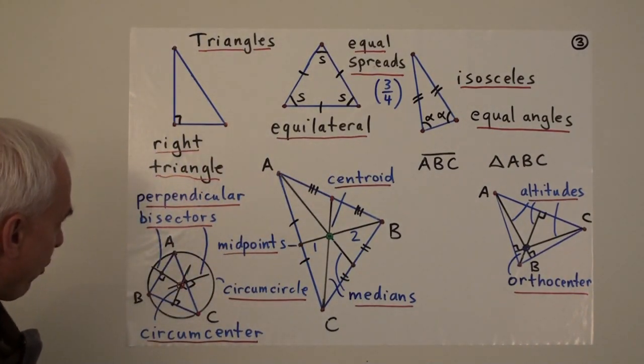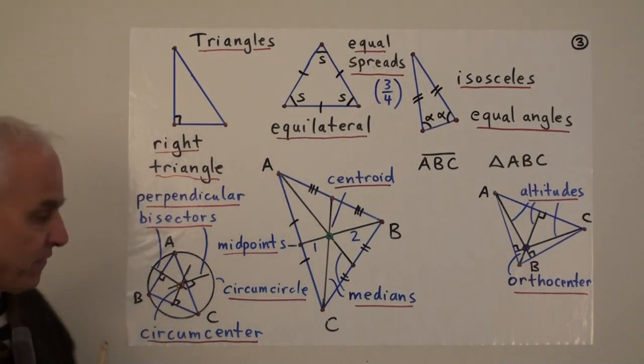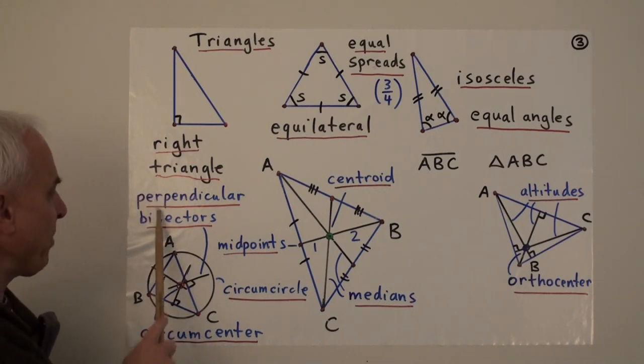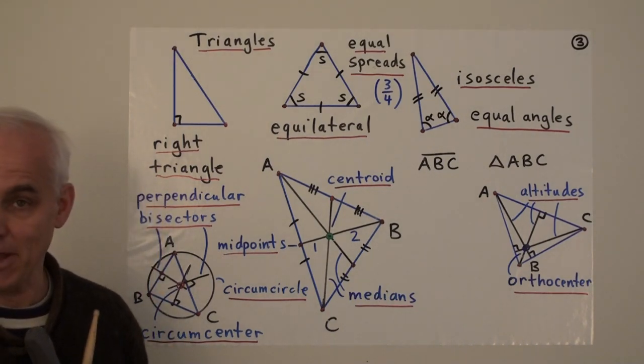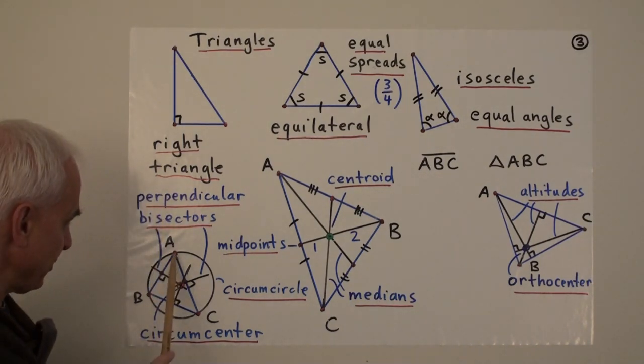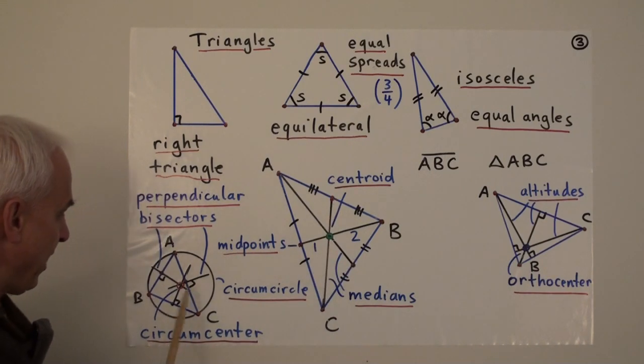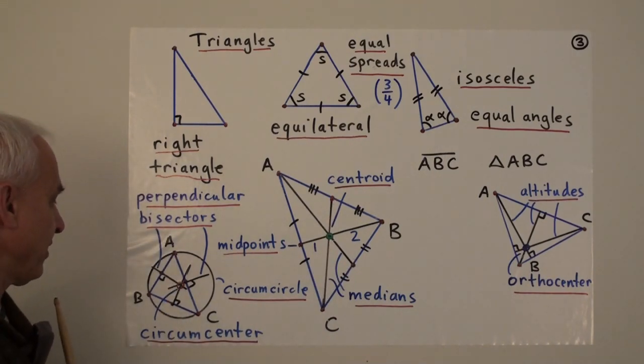There's another important point called the circumcenter of the triangle, and that's obtained by taking the 3 perpendicular bisectors of the sides. So here's a triangle ABC, and here we see the 3 midpoints, same points as we had over here, halfway along each side.